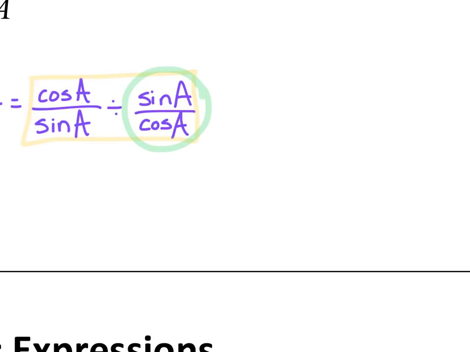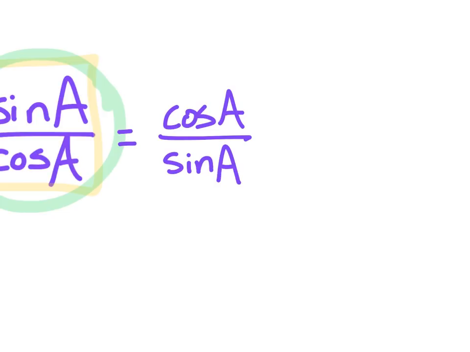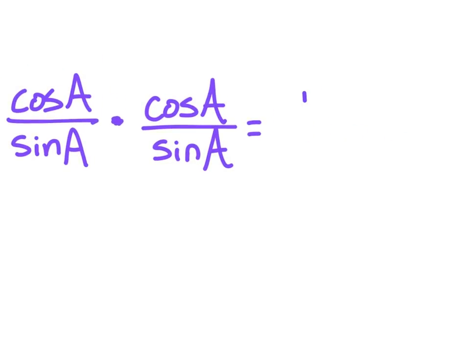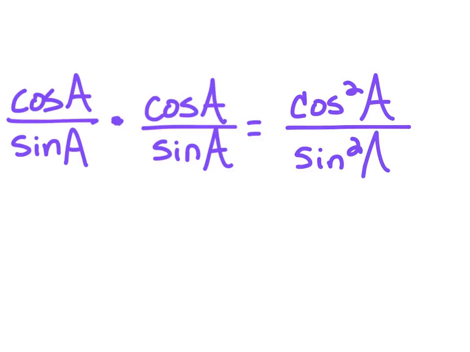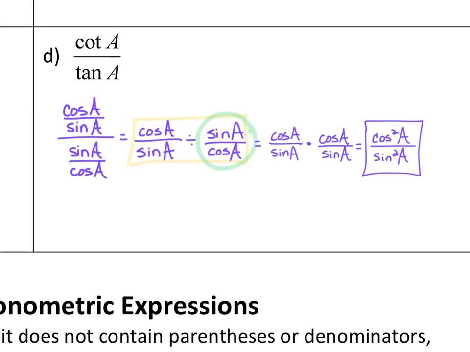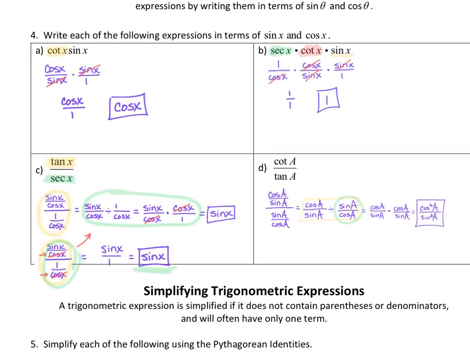And so you can write cosine of A over sine of A times cosine of A over sine of A. And that gives you cosine squared of A over sine squared of A. So those are 4 examples of writing an expression in terms of just sine and cosine.